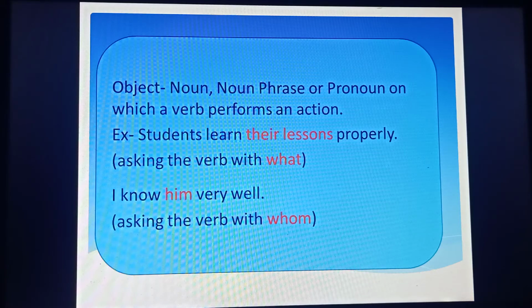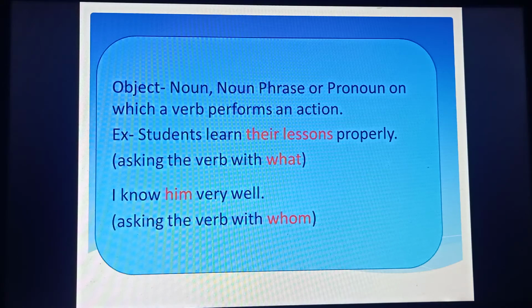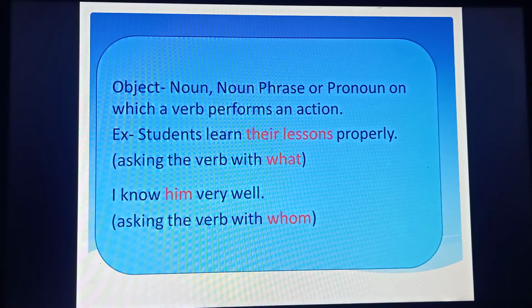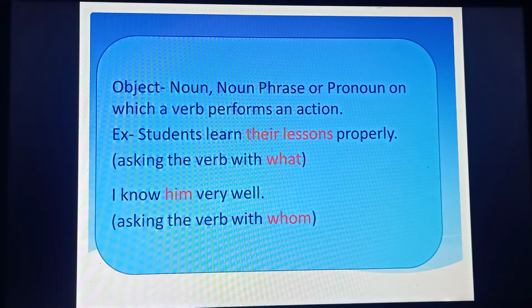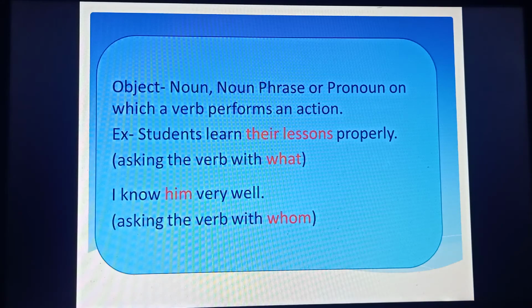And I'm giving you one more additional idea: if you find the object, the verbs which have this object are called transitive verbs. And if there is no object, the verb is called an intransitive verb. So these two are also classifications of verbs.